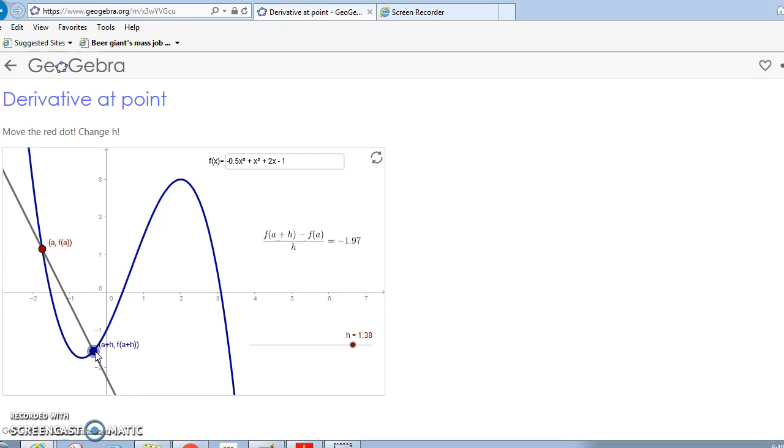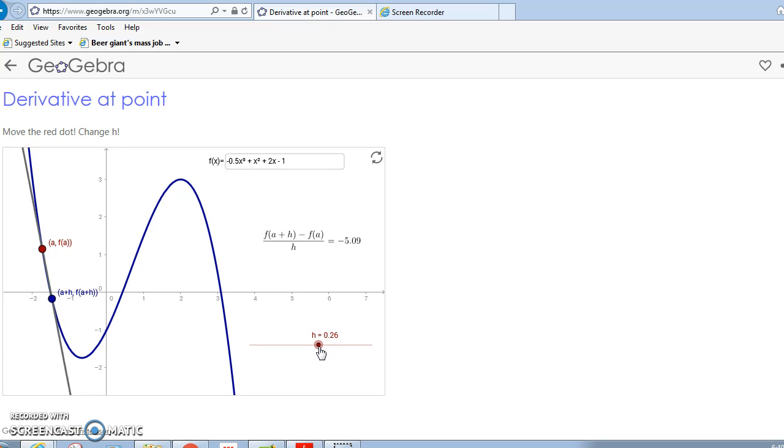Okay, pay attention to what happens to this gray secant line as I move this cursor so that h gets closer and closer to 0. See, it went from what it was to 1.02. Now I have it at 1.5. Look at what happened to the line.